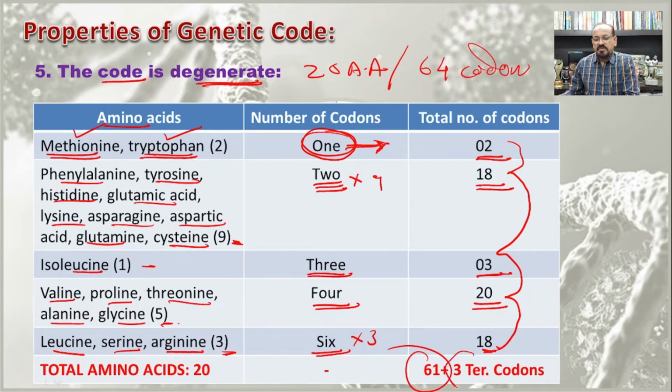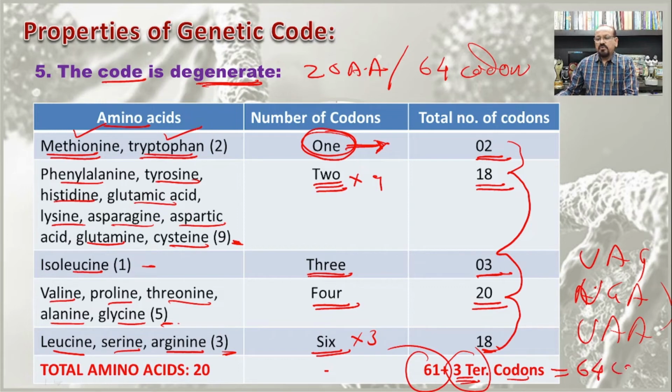And earlier we have seen that UAG, UGA and UAA are the termination codons. So plus 3 termination codons equals a total of 64 codons that we have seen earlier in the triplet codon. And 2 plus 9 plus 1 plus 5 plus 3 equals 20 amino acids.